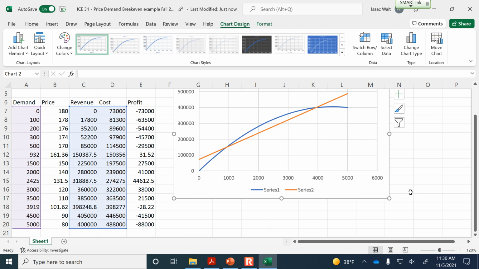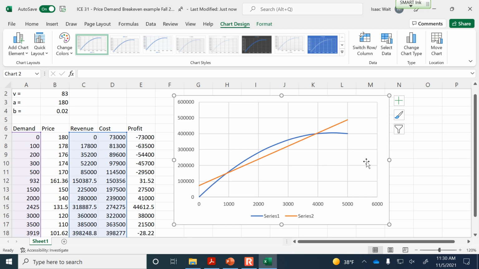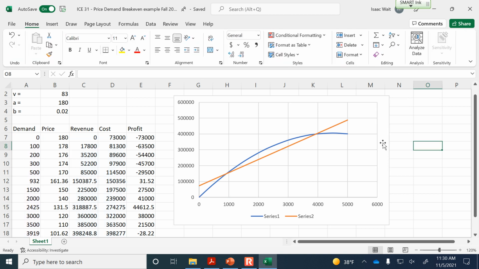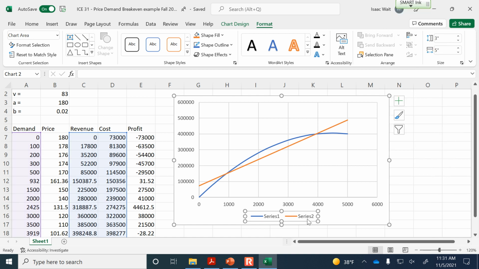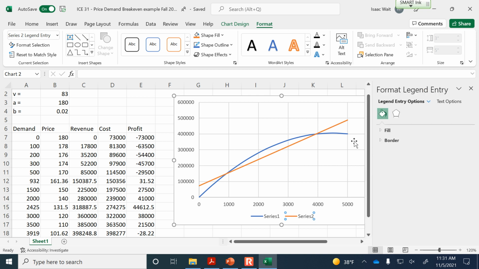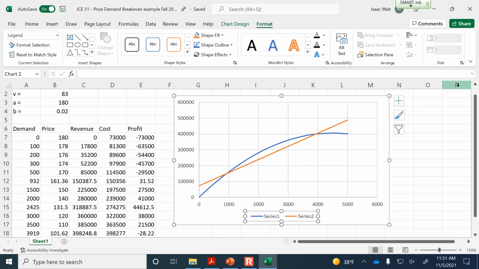Now remember last time what we said was that where these two cross over defines the range of profitable demand. So where your revenue is above the cost. I guess maybe I should label these, so let me go here to format. Oh, I know what I need to do.